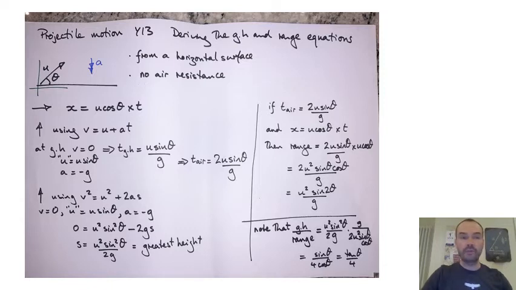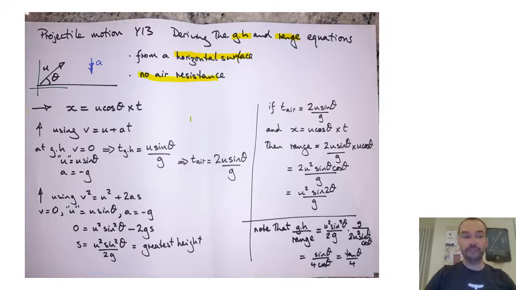So projectile motion, so deriving the expressions for greatest height and the range from and onto a horizontal surface, assuming there's no air resistance, and also assuming that g stays constant. So what do we do? Absolutely the way we do all the projectile questions, we work separately with horizontal and vertical.